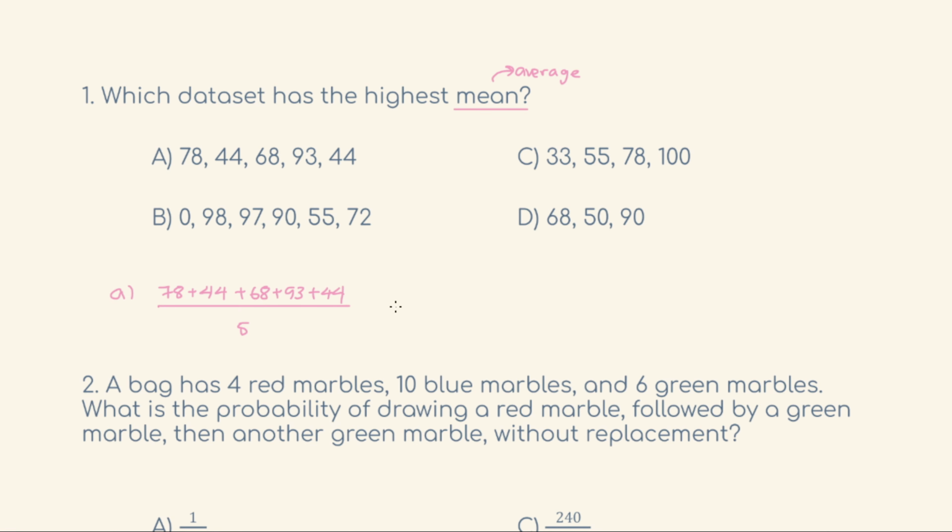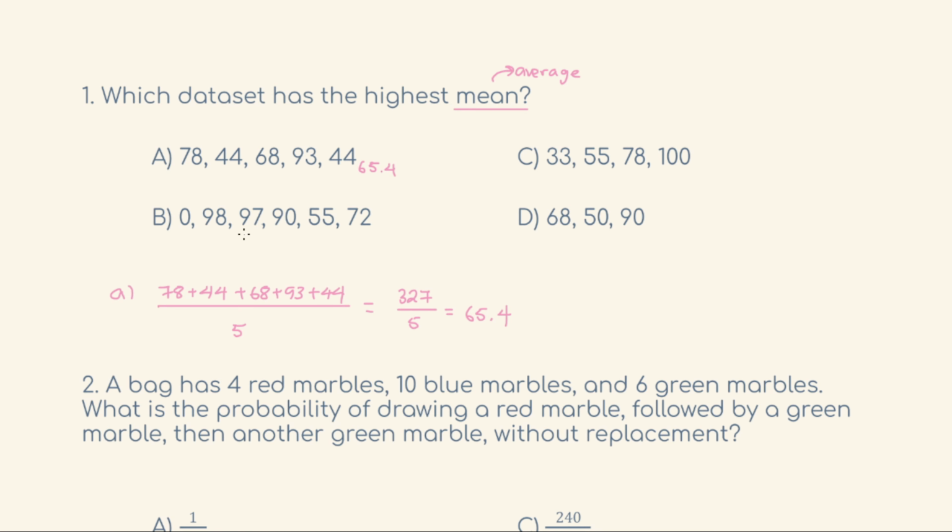So we're going to divide by 5, okay? When we add these 5 numbers together, you're going to get 327, and if we divide 327 by 5, you're going to get 65.4. So the mean for A is 65.4.